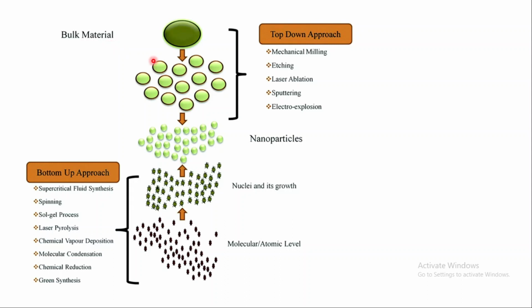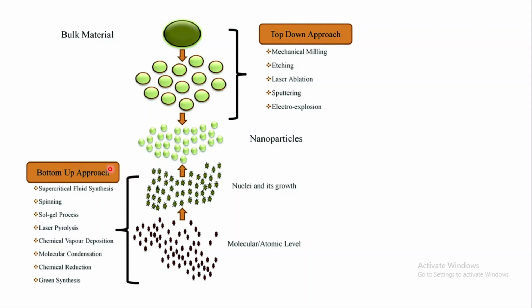This bulk material is further reduced in size, broken into smaller particles until we reach the nano level of size. So that is top down approach, breaking down bulk material into nanoparticles. And there are various methods. We have mechanical milling, etching, laser ablation, sputtering, electro explosion. So these are all examples of top down approach method of nanoparticle synthesis.